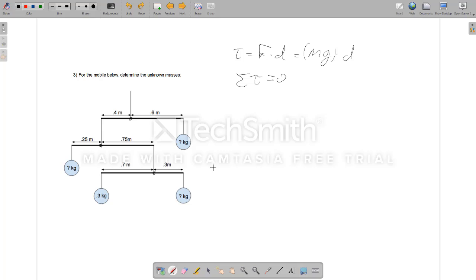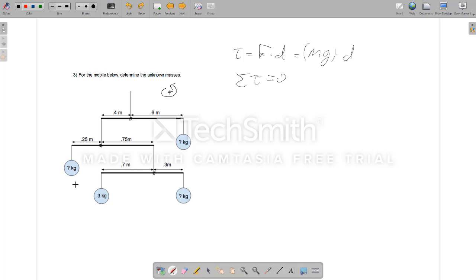This should sound all very familiar. And so when you add those torques together, it is equal to 0. So for the sake of this handout, let's say that counterclockwise is positive. Okay, so any torque or any force that causes a counterclockwise rotation or counterclockwise torque will be positive.